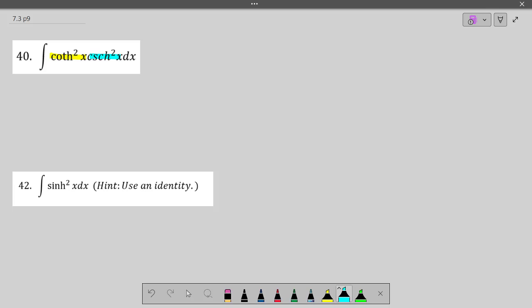Then you start realizing, oh crap. If you were to let u be one of these things squared, isn't the derivative really nasty because you'd have to bring down the 2, subtract 1, and then multiply by the base? So those aren't real options to let u be the whole thing squared. So think about maybe not let u be the whole thing squared, but maybe just one of the bases. You know, maybe u as cotangent or u as cosec. So think about those.